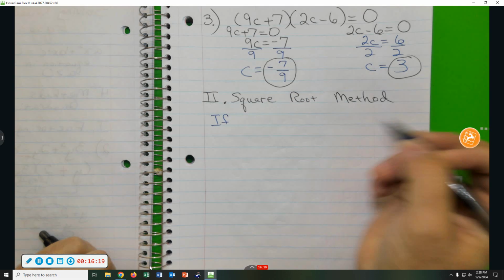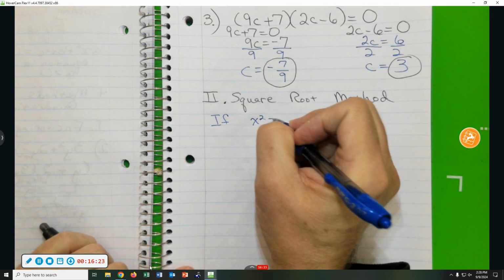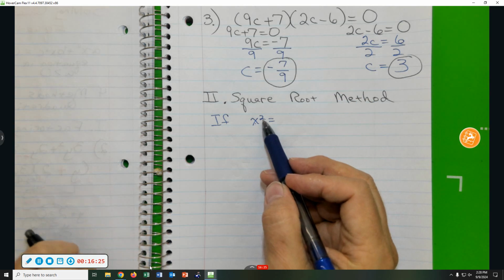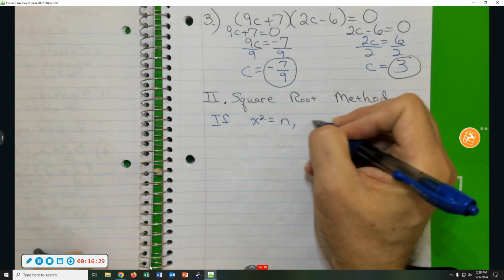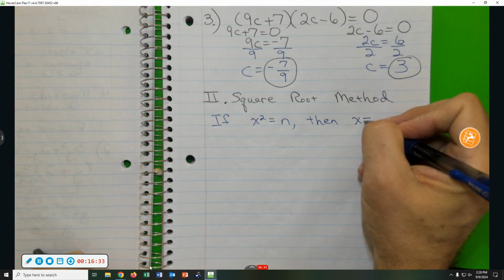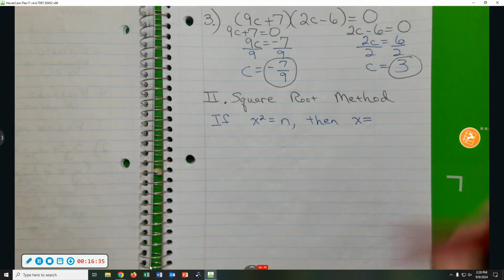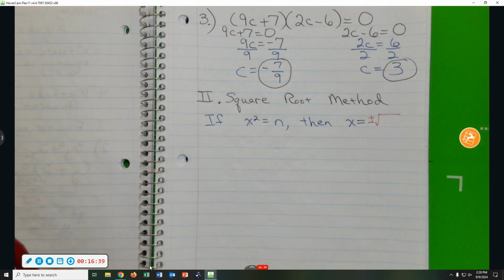Here's what the square root method says. It says that if you have something squared, if some variable quantity is being squared and that equals a number, then the thing that's being squared has to be either the positive or negative square root of that number.